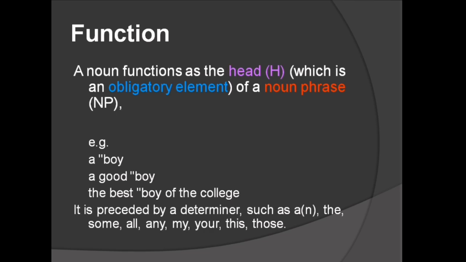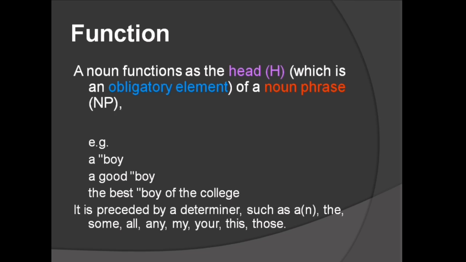For example, a boy, a good boy, the best boy of the college. In a boy, the word boy is the noun and it is the head of the noun phrase a boy. In a good boy, again boy is the noun and head of that noun phrase.